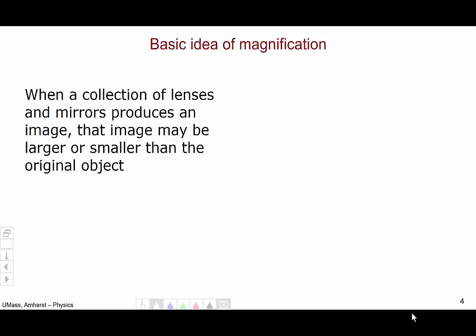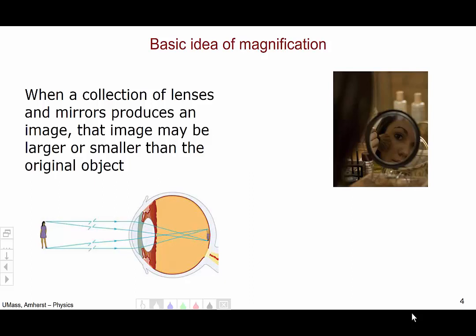The basic idea of magnification is that when you have a collection of lenses and or mirrors producing an image, that image may be larger or smaller or the same size as your original object. To use our two examples from the terminology of images video of the eye and the makeup mirror, we can see that the object in both cases is once again the person.